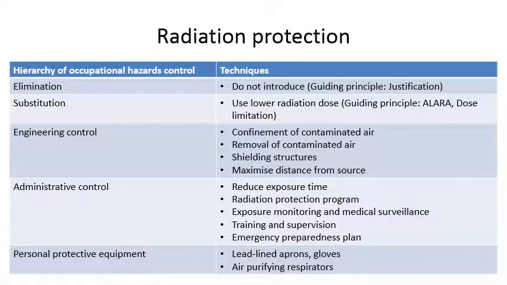These are the most important principles in radiation exposure control. The use of radiation exposure techniques, namely, minimizing exposure time, maximizing source distance, and applying shielding, are consistent with engineering and administrative controls. Personal protective equipment in radiation protection should be used as the last resort when all the above control measures are in place, or during emergency situations.